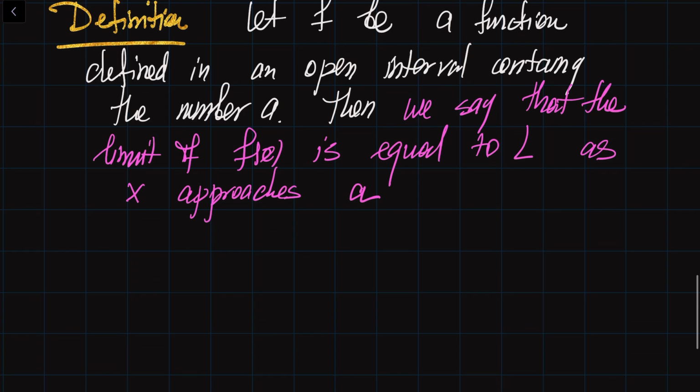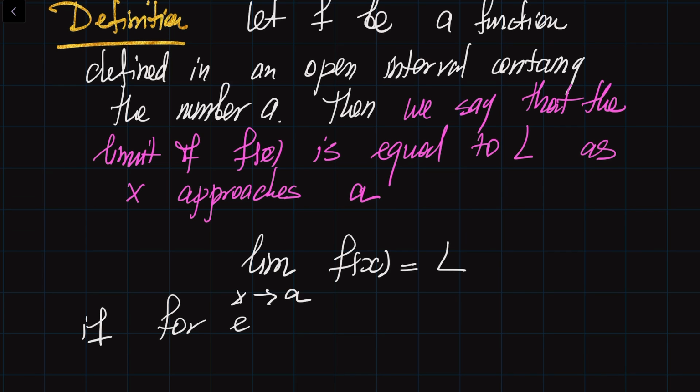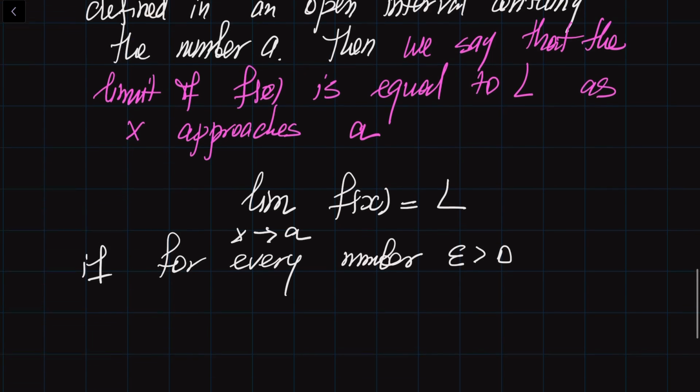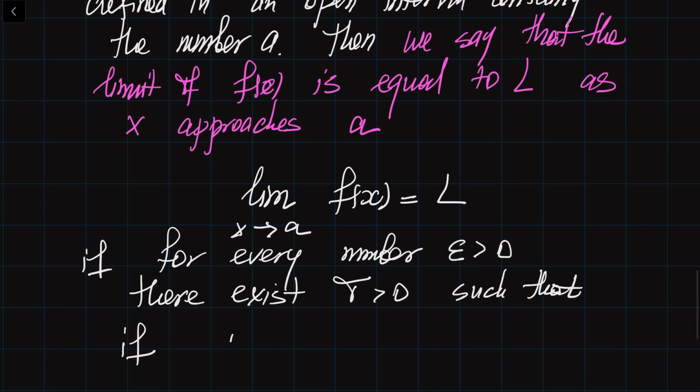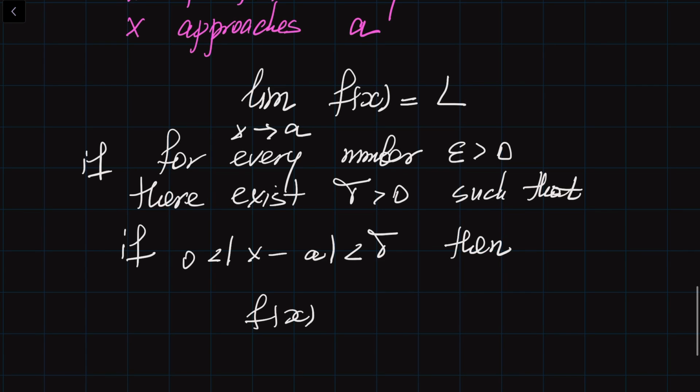We're going to denote this in the form of the limit of f of x is equal to L as x approaches a if for every number epsilon which is more than 0, there exists a delta which is more than 0, such that if I choose the distance between x and a smaller than delta, then f of x becomes closer to L within a distance of epsilon.